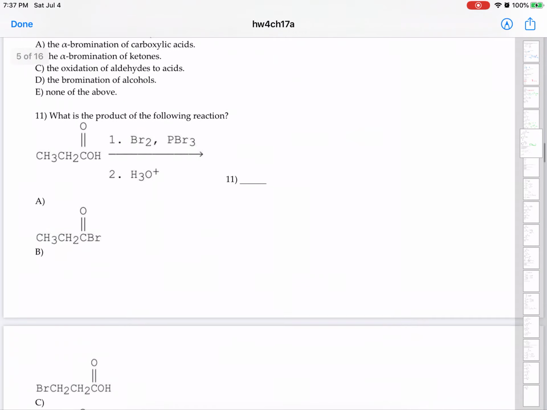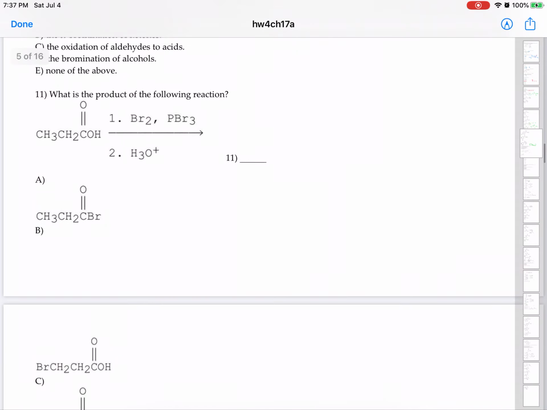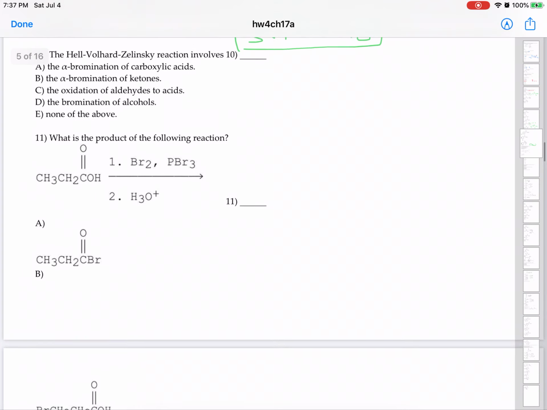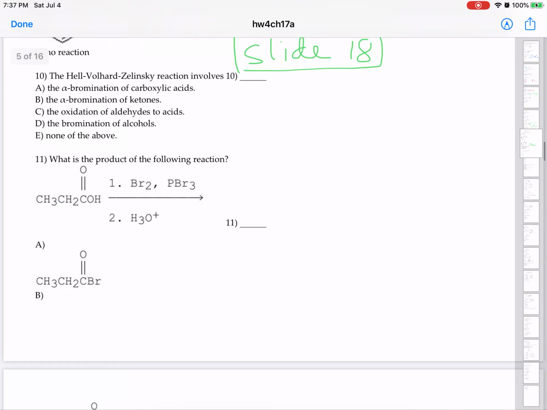And then the next one, what is the product of the following reaction? Now it's again the same reaction, HVZ reaction. You have a carboxylic acid, you are adding bromine, phosphorus tribromide, and hydronium ion as a second step. So what is going to be the product?